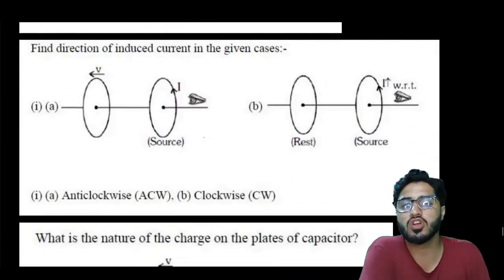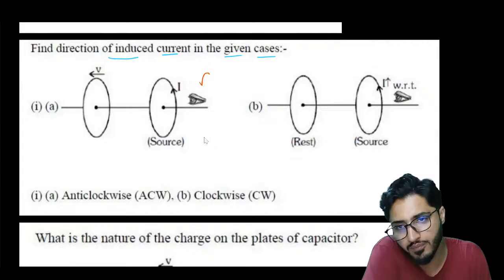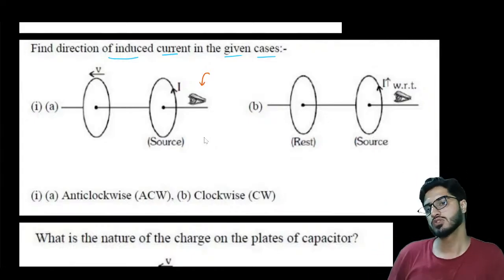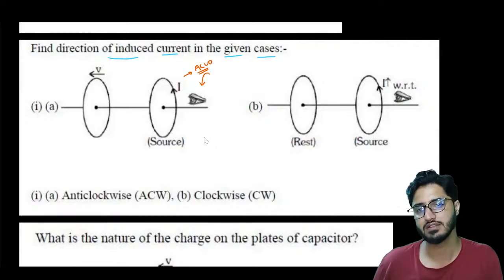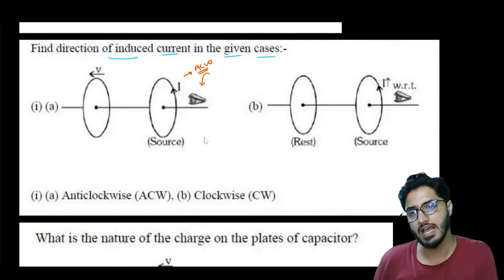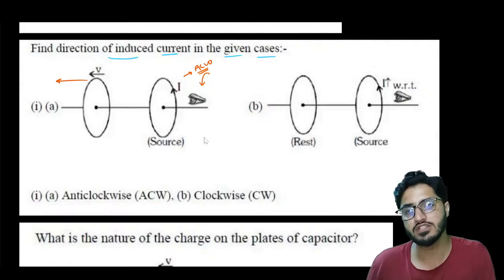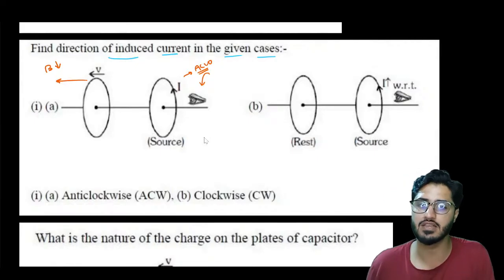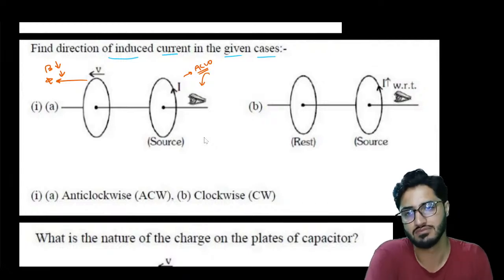Find direction of induced current in the given case. Okay, no issue. So we are looking from this particular angle. If current is like this, you can see it is anti-clockwise current. And this loop is going away from it. If it is going away, B is decreasing, flux is decreasing. So current will flow in such a way that it should be attracting it.